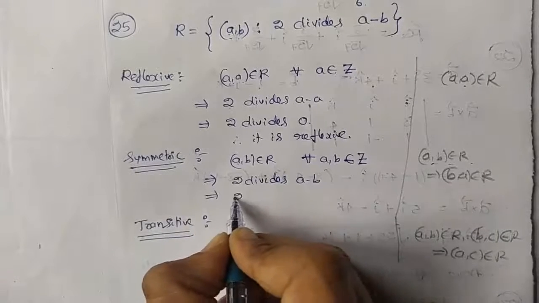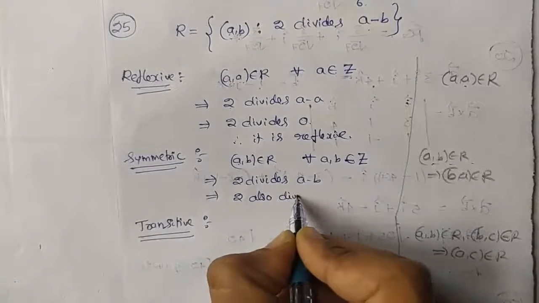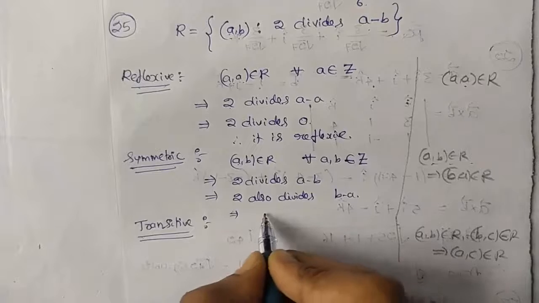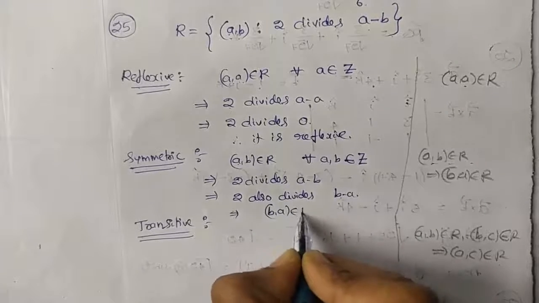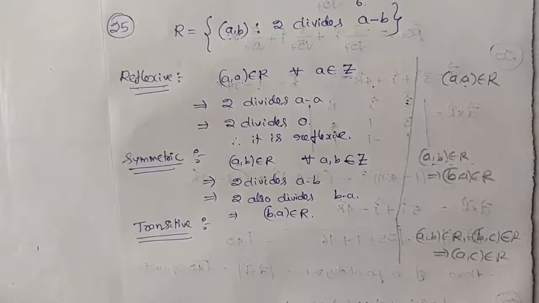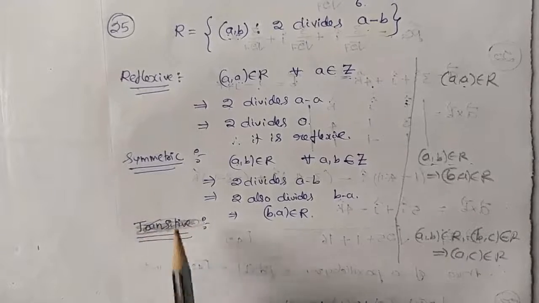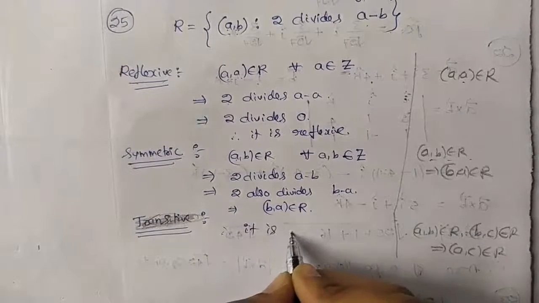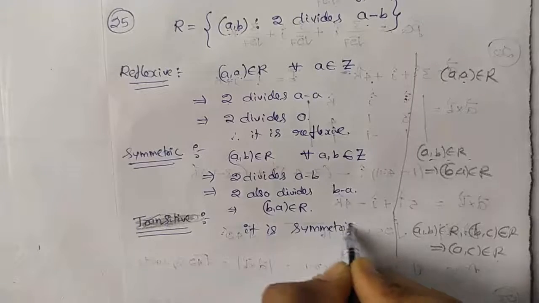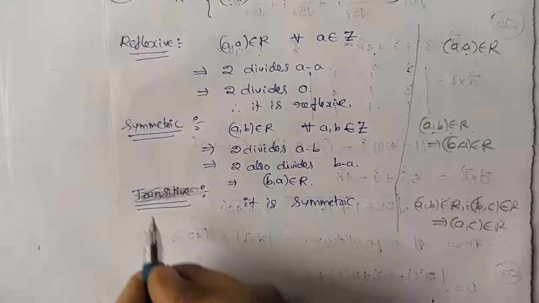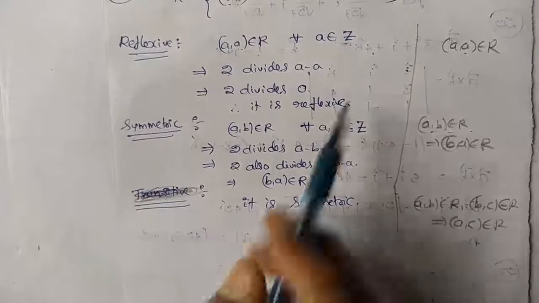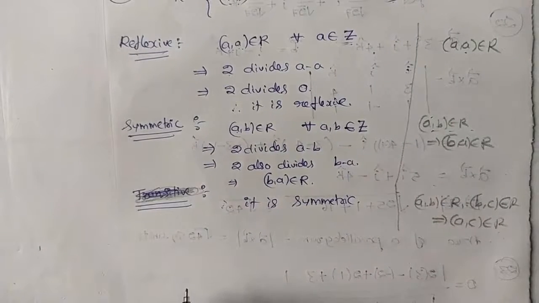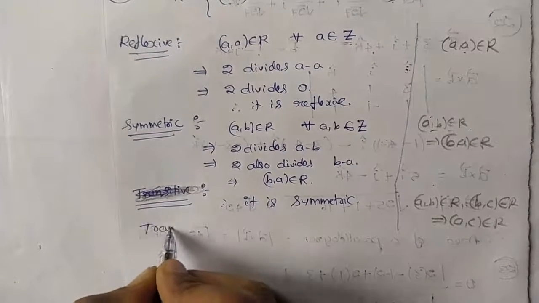If 2 divides a minus b, 2 also divides b minus a, which means (b, a) also belongs to R. Therefore it is symmetric. These questions are very easy if you know the definitions of those relations.